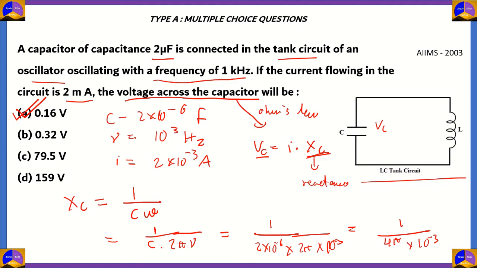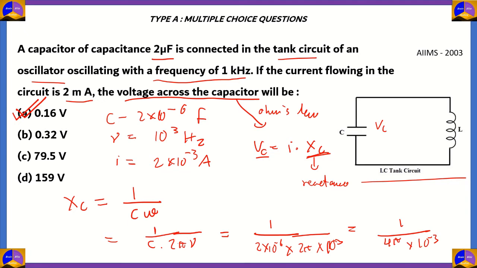So over here, the procedure that we did was we first used Ohm's law to get the equation. So VC is equal to I times XC. XC is the reactance. We used the formula for XC, which is 1 by C omega. Omega we expanded to 2 pi into frequency. So we had a term with both the capacitance and the frequency.